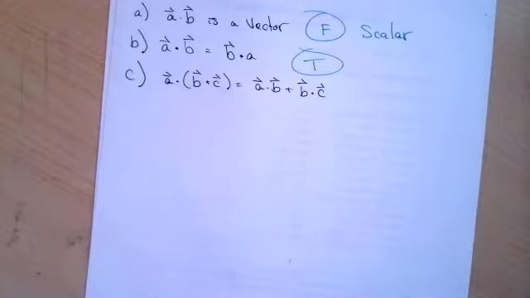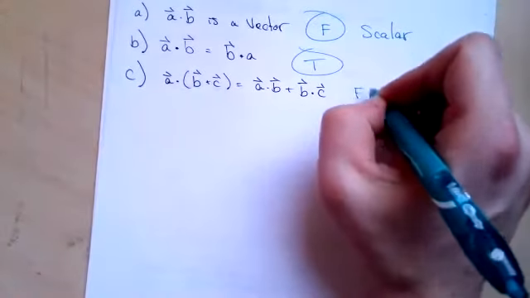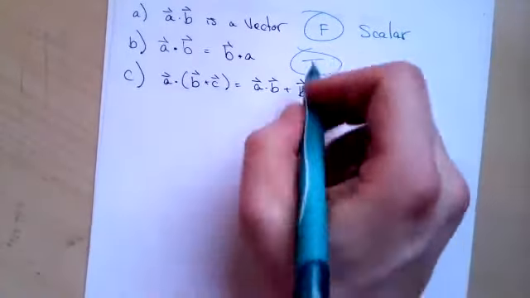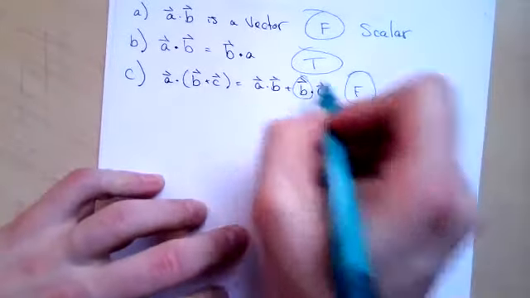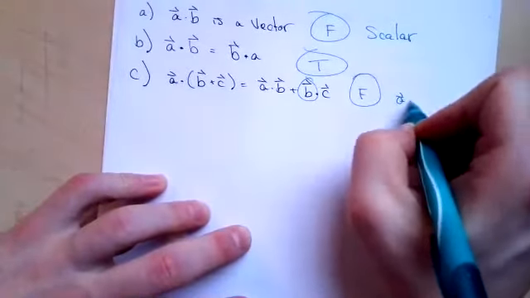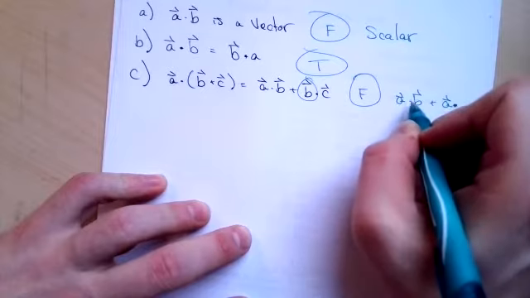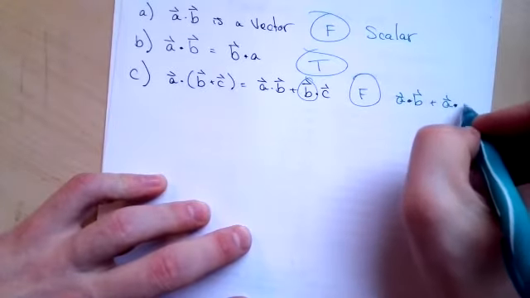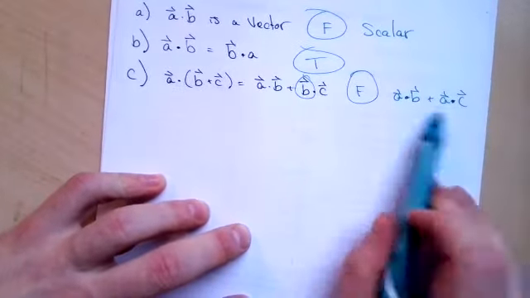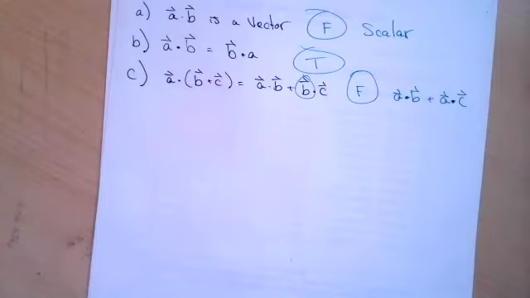It looks like a distributive law. Careful with how you're reading it, though. This one is false because of this guy here. We should have a dot b plus a dot c. Nicely enough, multiplication and addition always have this distributive law, no matter the type of multiplication. So a dot b plus a dot c.